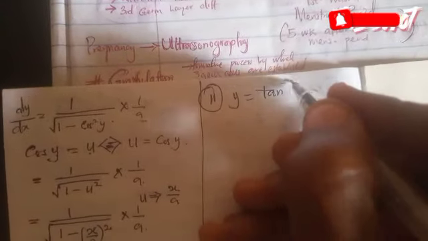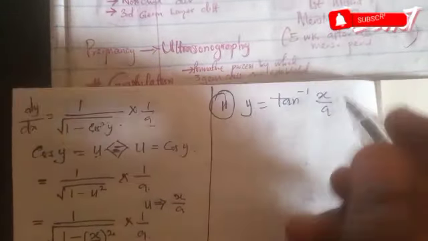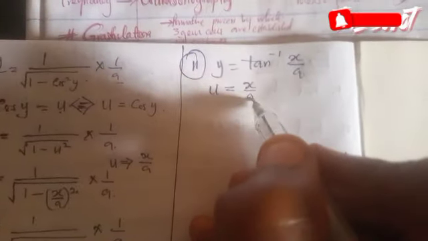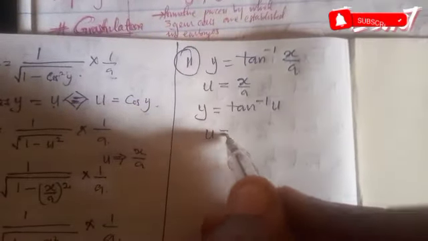So the second one now, the second question, I won't waste much time on it. So y equals tan inverse of x over a. What you just need to understand here as well is that your u is x over a. So you're having y equals tan inverse of u. Rearrange this, you have u equals tan y.